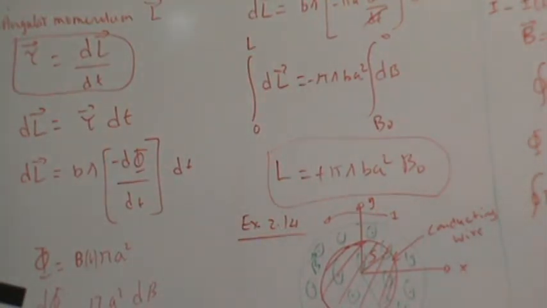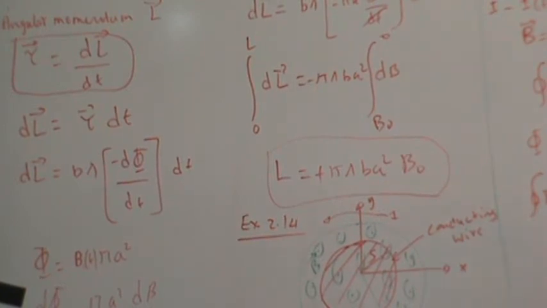So E times 2 pi s is going to be mu naught n pi s squared dI by dt.